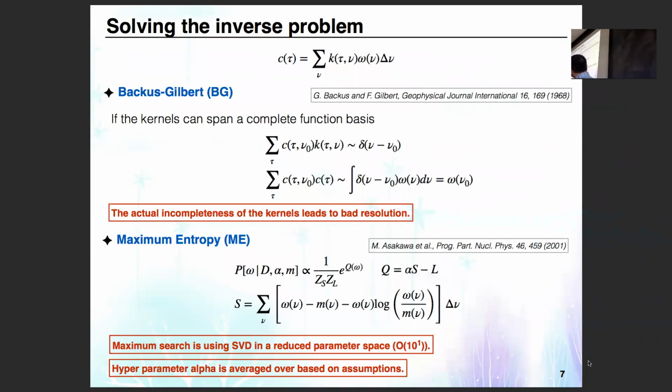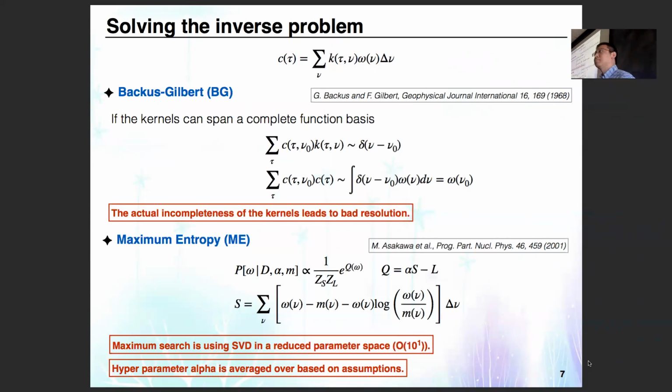Another thing is this hyperparameter alpha. This is the weight of the default model against the data. If this is zero, then we just have the data. But if this is very big, then what we get is just the default model. So how to handle this alpha is not clear, at least here.